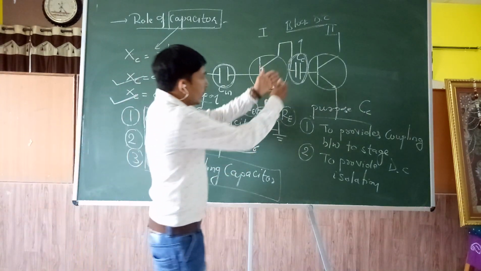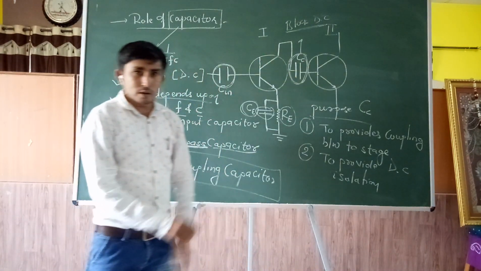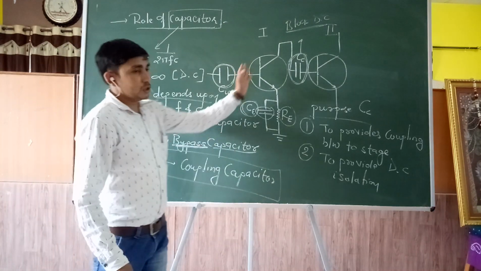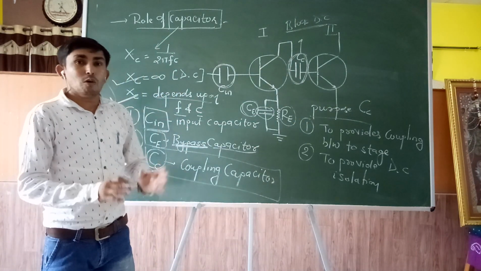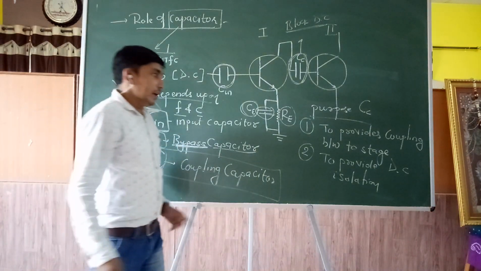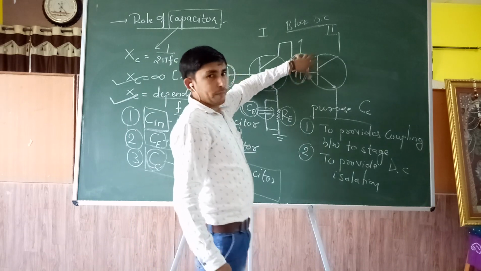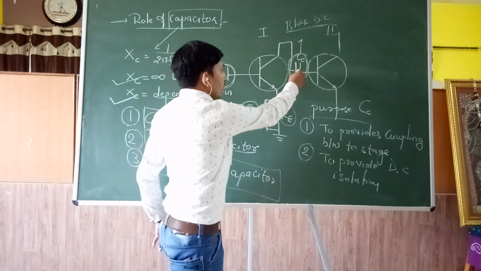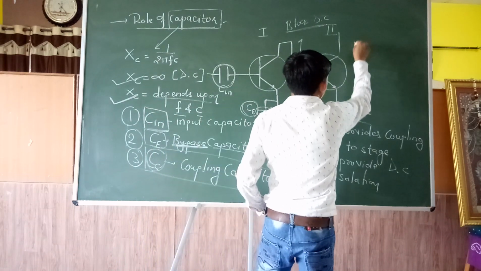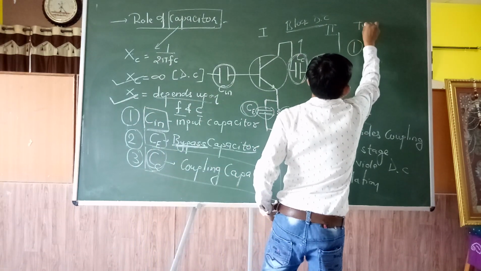If you couple two stages by using a transformer, that is called a transformer coupled amplifier. And if you are not using any kind of coupling between these two, then it is called direct coupling.